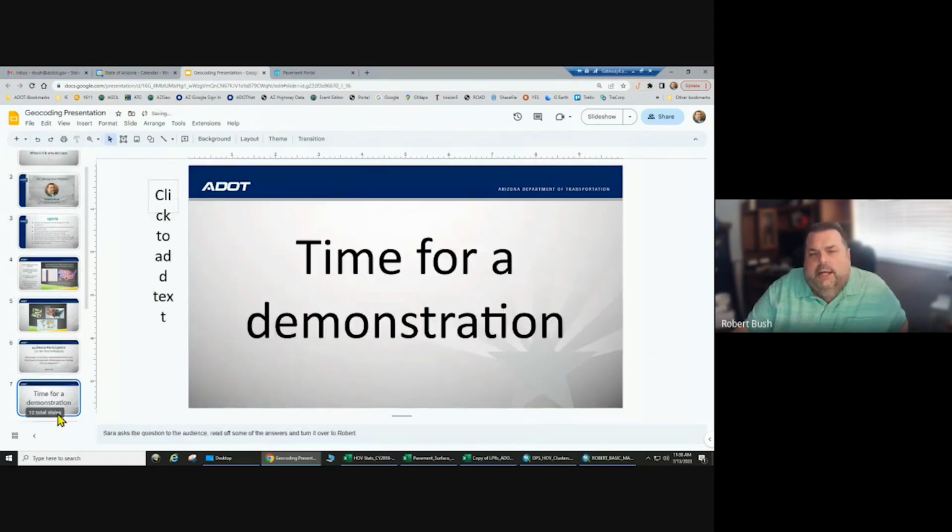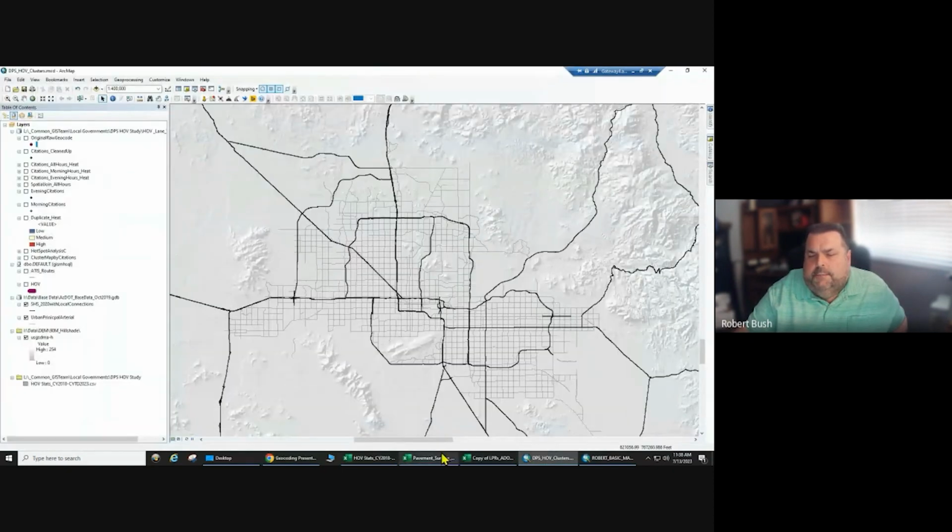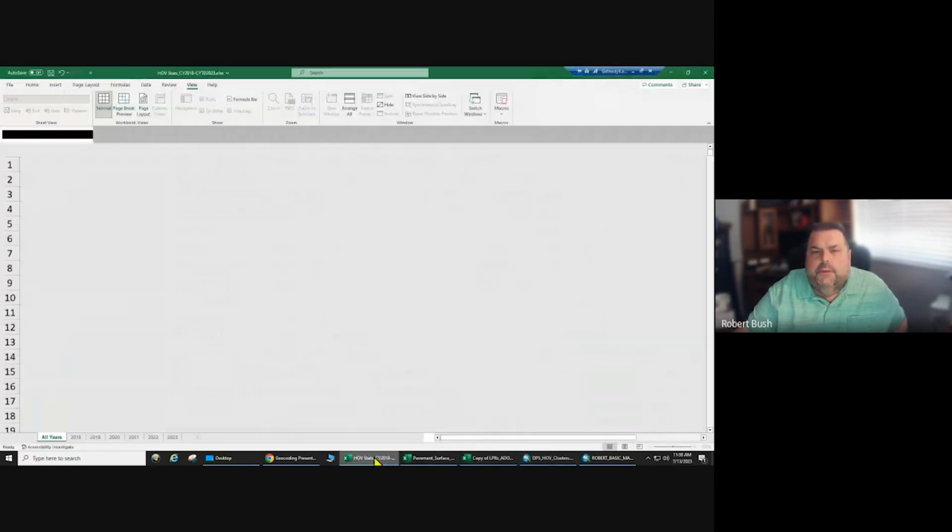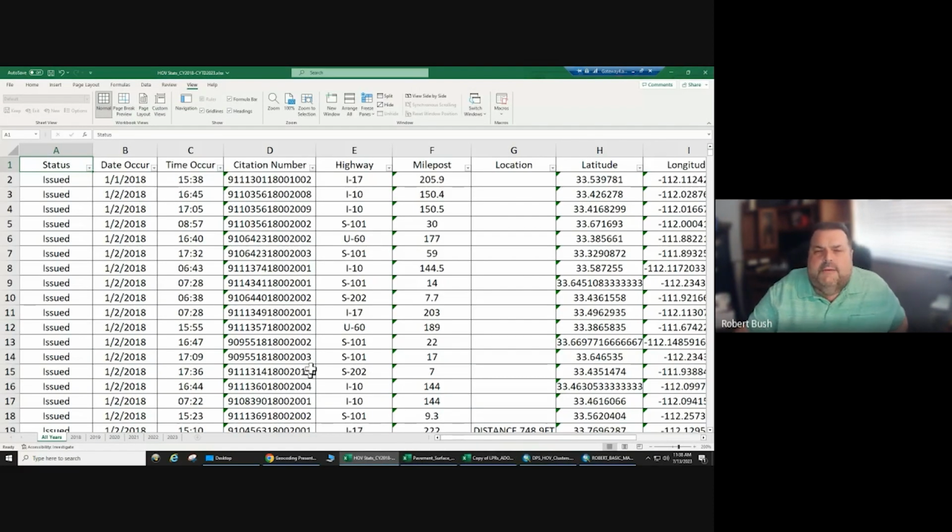So what's next? It's time for a demonstration. I've got a couple different things that I'm going to show you today, two or three things. The first one here is some DPS data. That's the Department of Public Safety. We had a need to find out about HOV lanes and where the citations are being written for HOV lane violators.